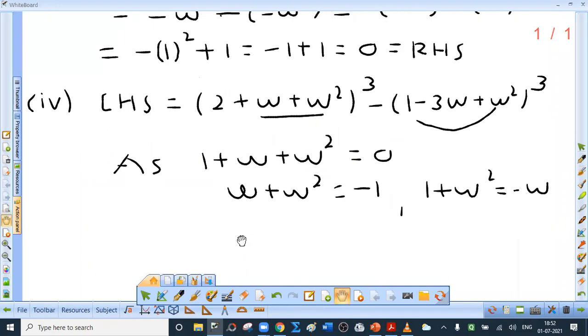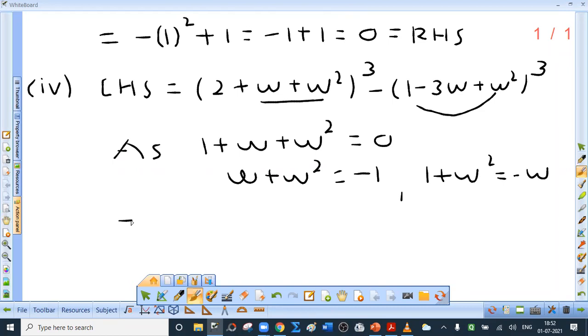See, all these are playgroup sums. So this is 2, omega plus omega square is minus 1. So 2 minus 1 cube, minus, now 1 plus omega square is minus omega. Minus omega, already minus 3 omegas are there. You have to consider that also.